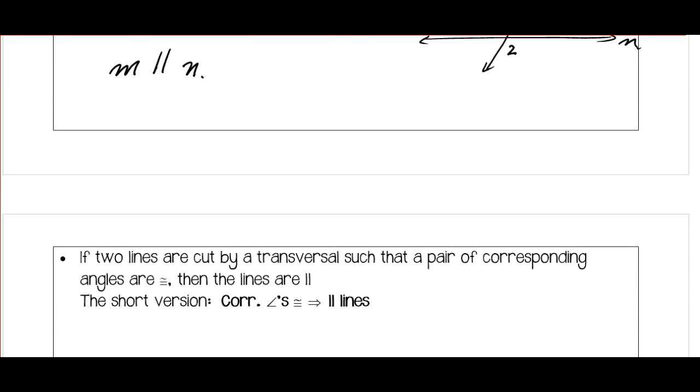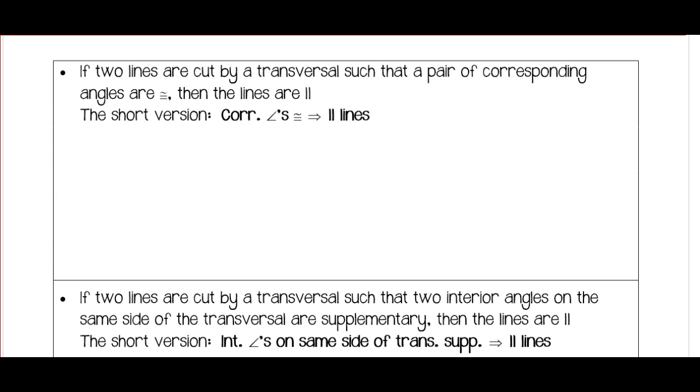Moving on to the third, if two lines are cut by a transversal such that a pair of corresponding angles are congruent, then the lines are parallel.